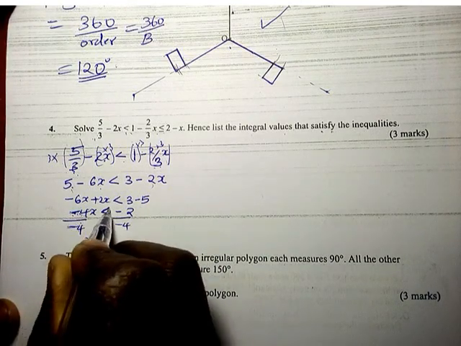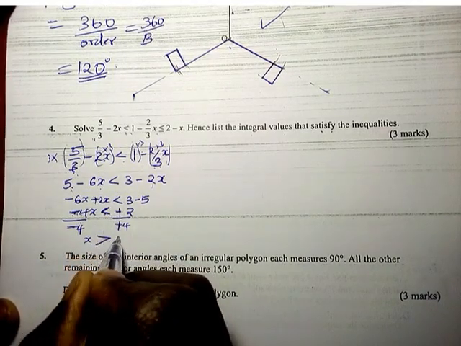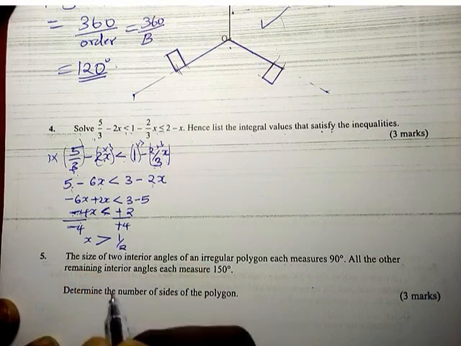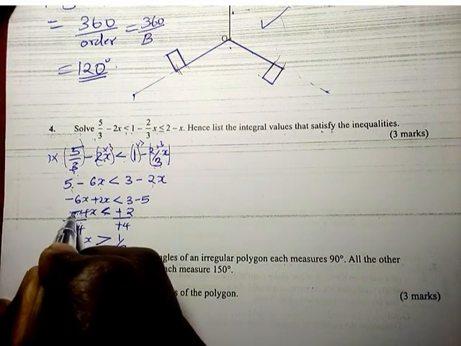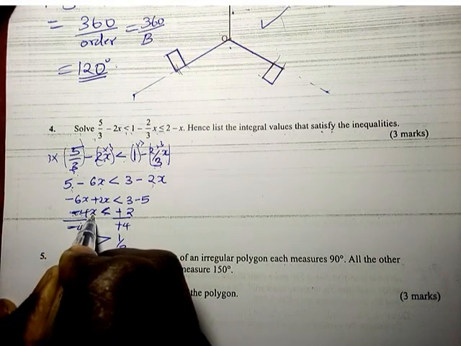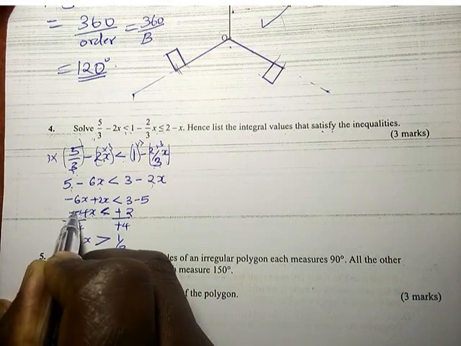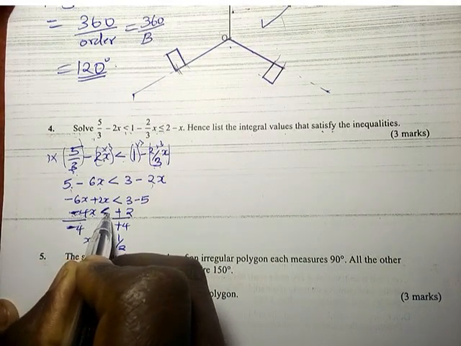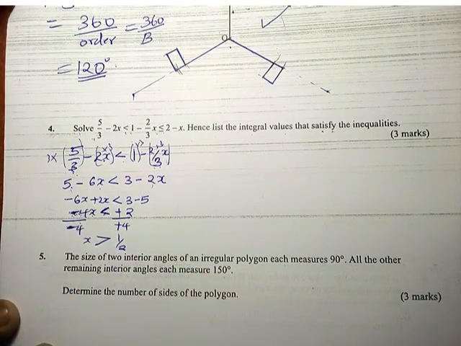So ilikuwa less, sasa itakuwa greater. Hii itakuwa positive, itakuwa a half. Msikia venye nimesema kweli? Siku zote ambao ukidivide by a negative na coefficient of x na una deal with inequalities, the sign inabadilika. Hii ilikuwa less, sasa itakuwa greater kwa sababu umedivide by na negative number.